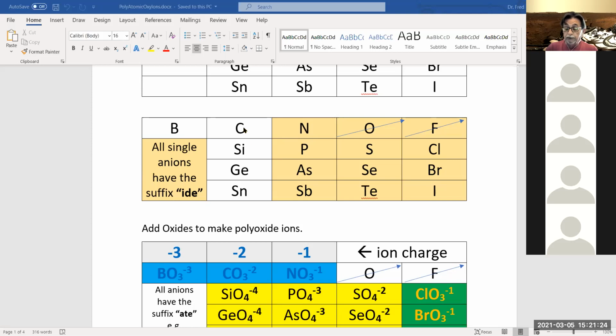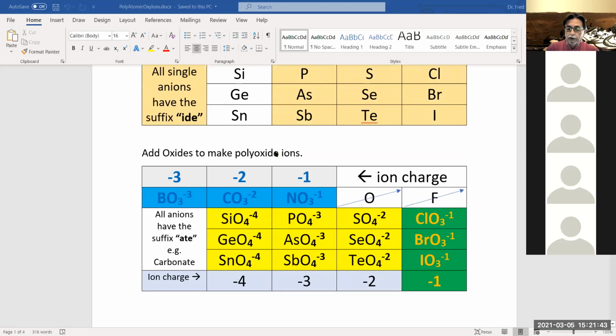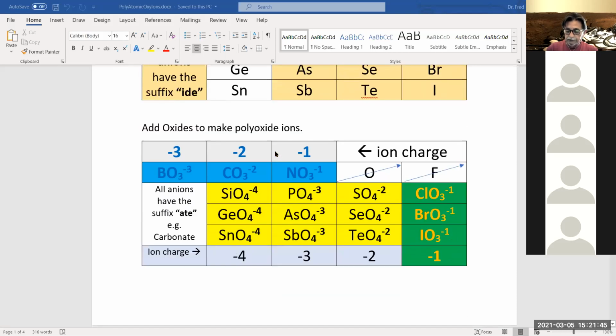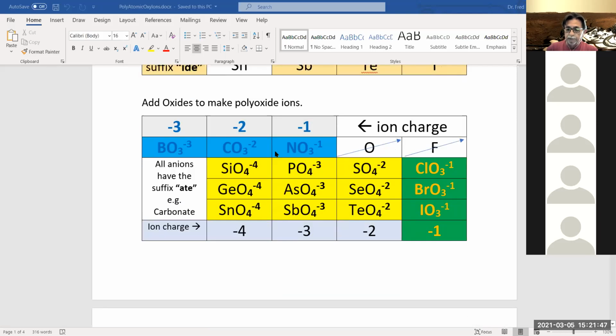Carbon can gain electrons too, or lose them, but if it gains electrons, it becomes carbide. All right, so on. But all of these can gain or lose electrons, and we change the name to the -ide. Okay. Now, they will also make these polyoxy anions.